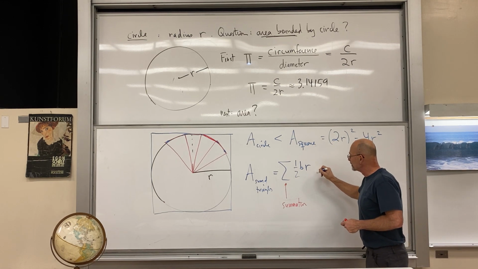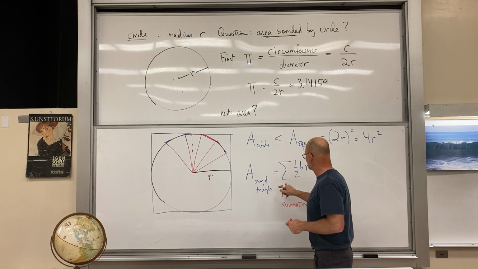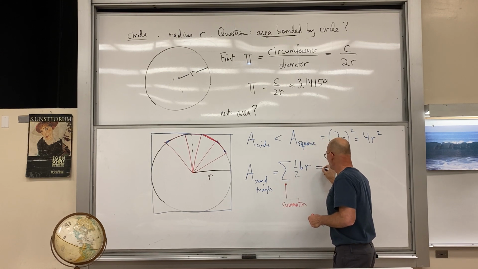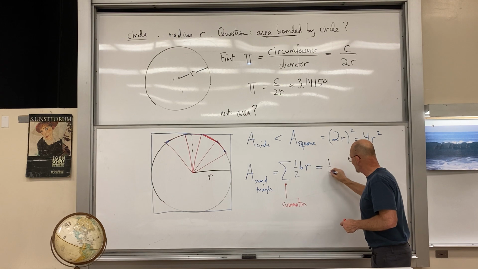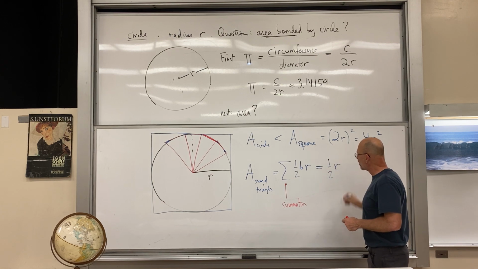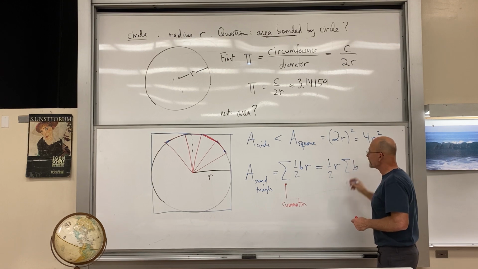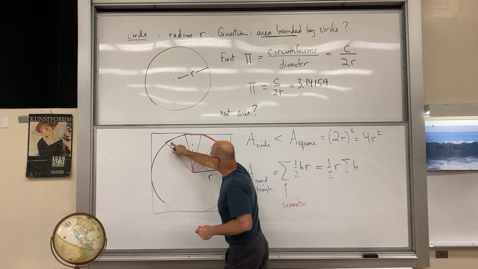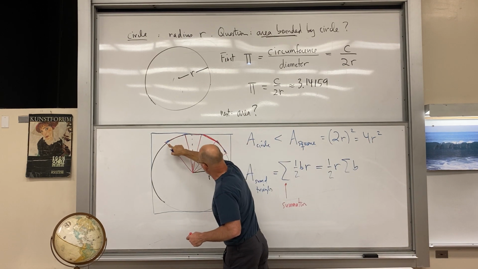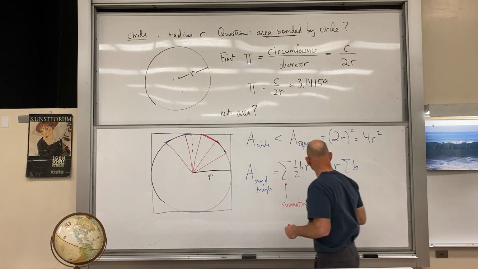So what I can do is pull the 1/2 out front and the r. And now I'm just left with the sum of all the bases, which are my red lines here. So the base of my triangles are on the outside of the perimeter there.